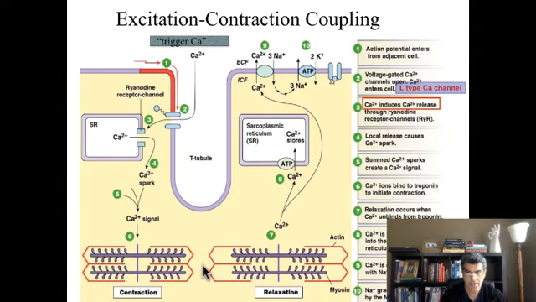They have actin, troponin, tropomyosin, and myosin, so it's exactly the same process that you saw in skeletal muscle. The only difference here is how you release calcium in the cardiac muscle versus skeletal muscle.